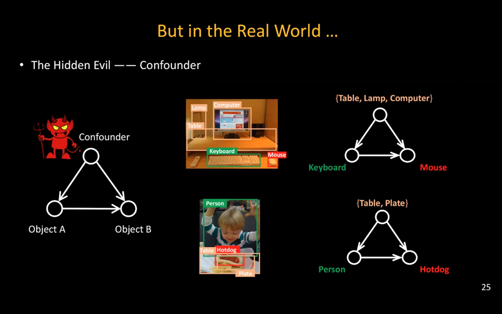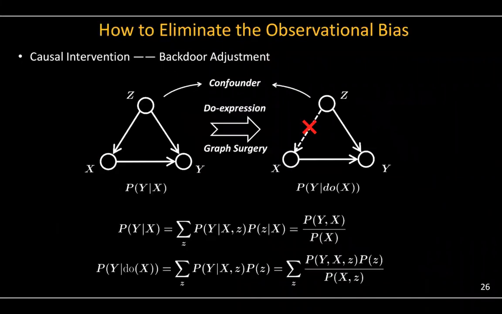Anyway, and also for a person and a hot dog, we know that the table and the plate can also be confounders. Right. So how can we remove the observational bias? It basically means that we should somehow remove the effect of a confounder.